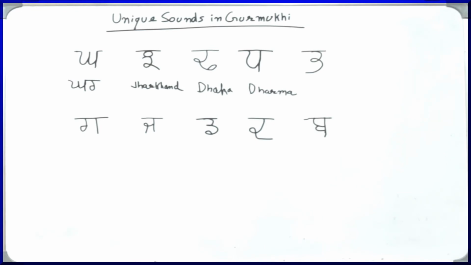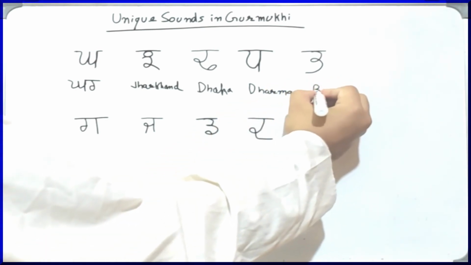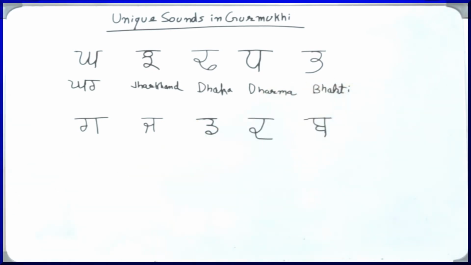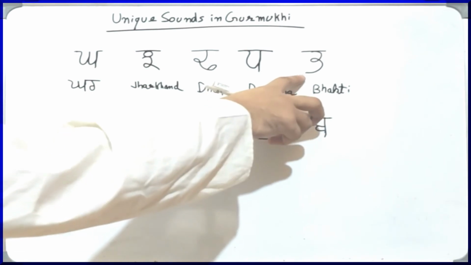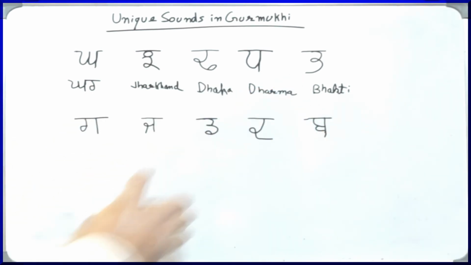The last example is for the letter Pabba. From Pabba, we can have Bhakti. Instead of saying Bhakti, in English we say Bhakti. The sound of B will be there.